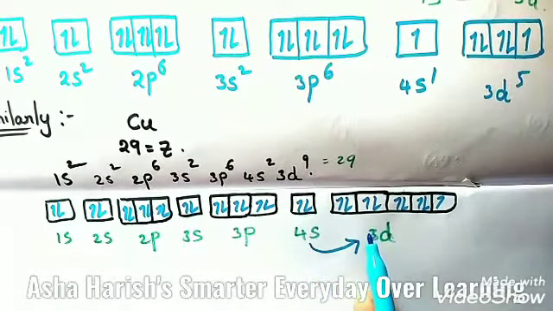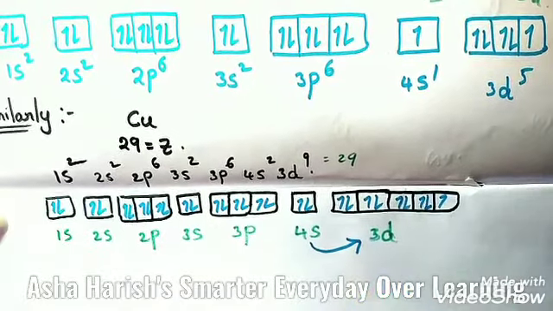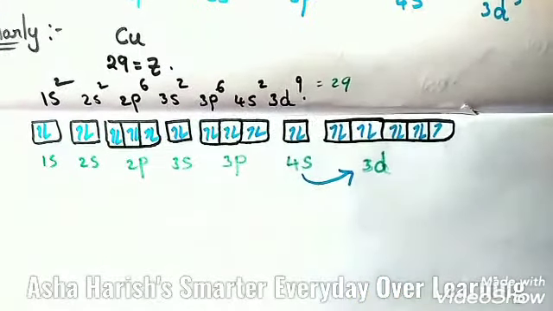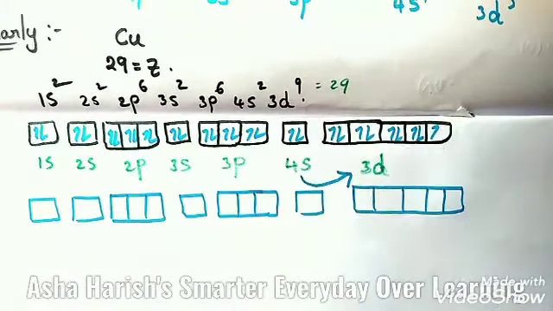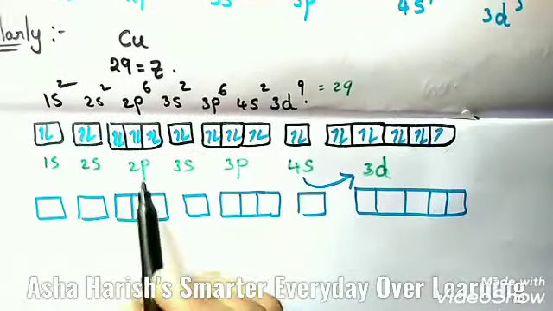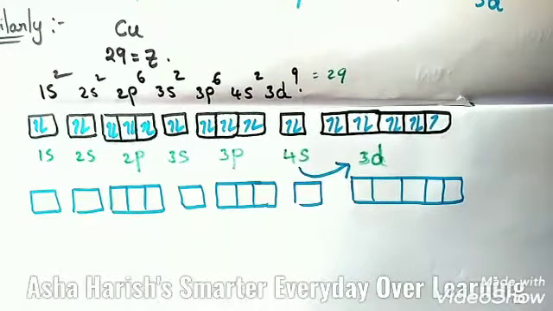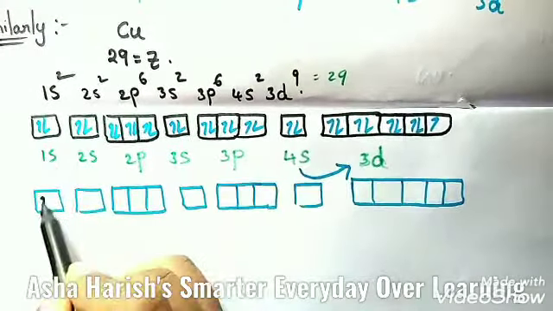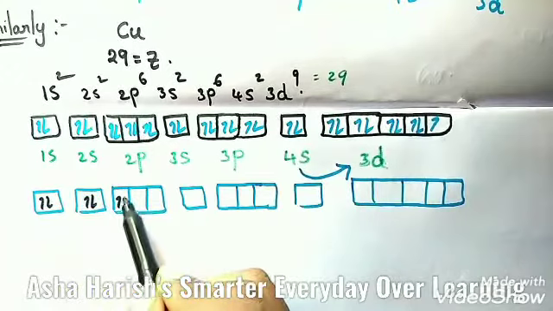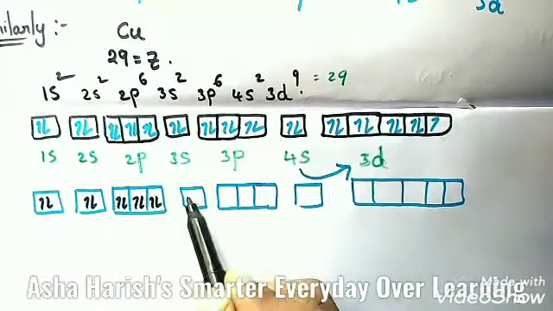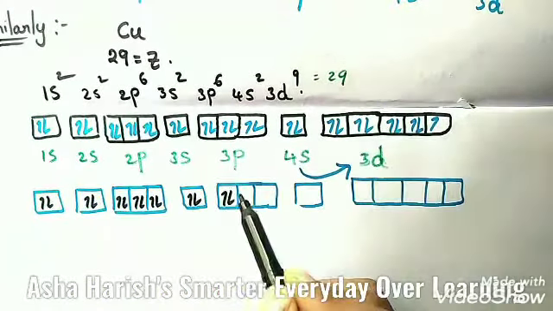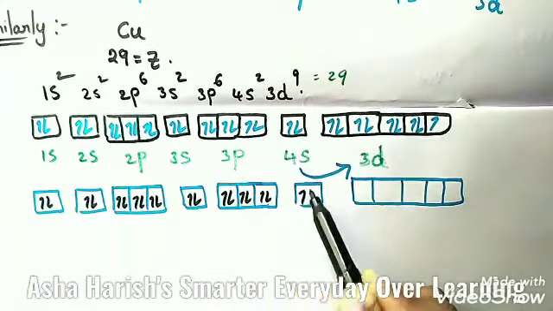Thus, the actual electronic configuration of copper is as follows. I am writing here, you can see, 1s orbital, 2s, 2p, 3s, 3p, 4s, 3d orbital. And if you write the electrons inside, 1s2 and 2s2, 2p6, 3s2, 3p6, 4s2.